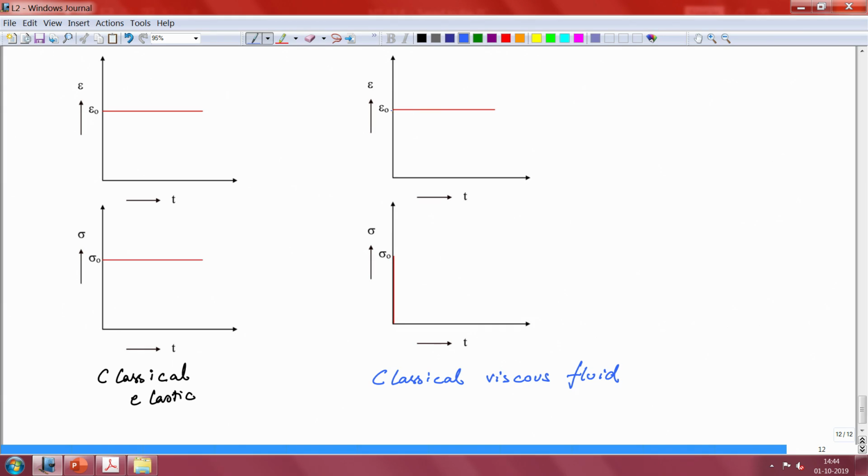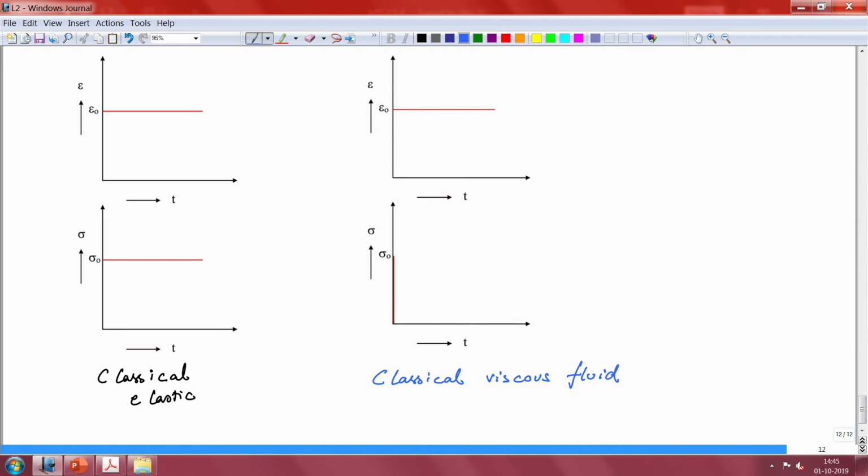But to hold on to this epsilon, or this strain, you do not require further stress. So, in your diagram, you now just have an instantaneously high stress response, but then it just goes back to 0. This is a very important difference between the two.